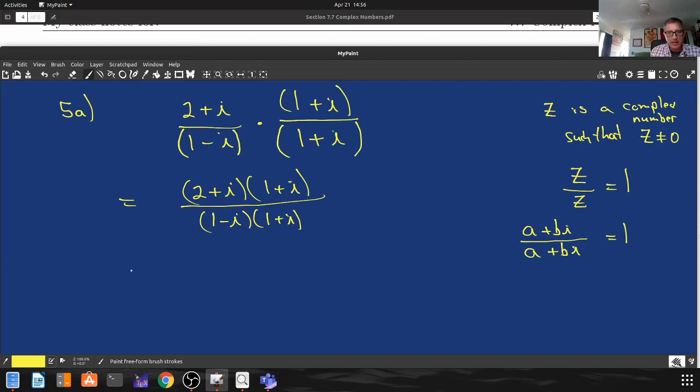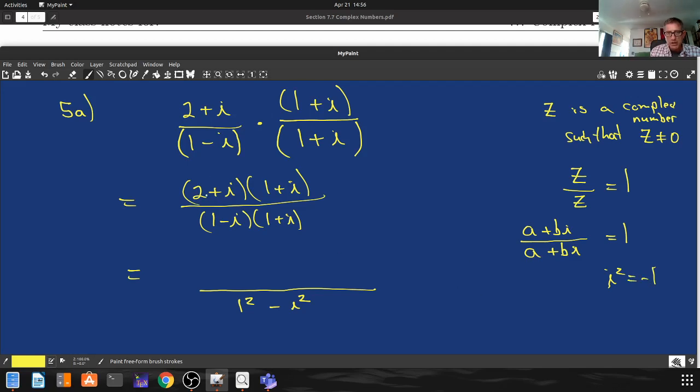So let's go ahead and do this. 1 minus i times 1 plus i is 1 squared minus i squared. Of course, we'll want to work on that using the fact that i squared is equal to minus 1.